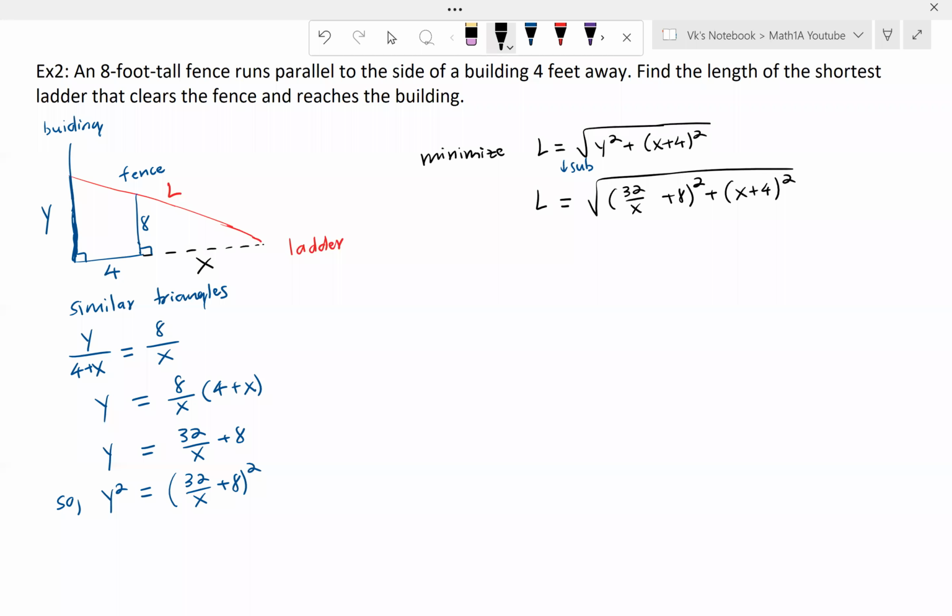It is not a good idea to find the derivative of L, because the critical number of L is the same as the critical number of L squared.